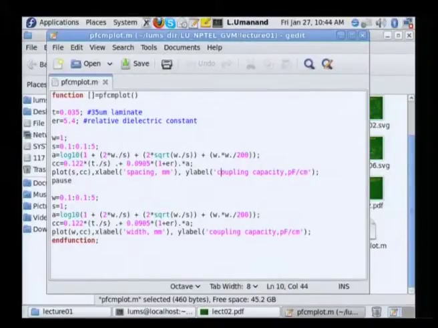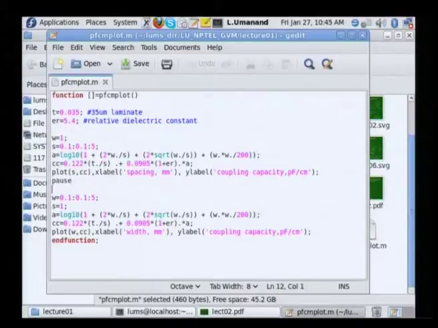And then we would like to see a plot of the coupling factor or coupling capacity, with the x axis being mm and the y axis being the coupling capacity in pF per centimeter.